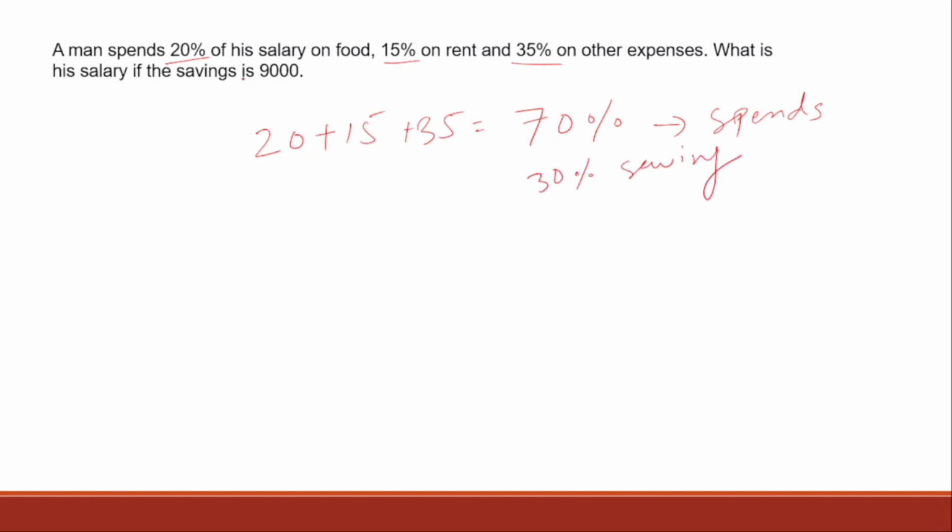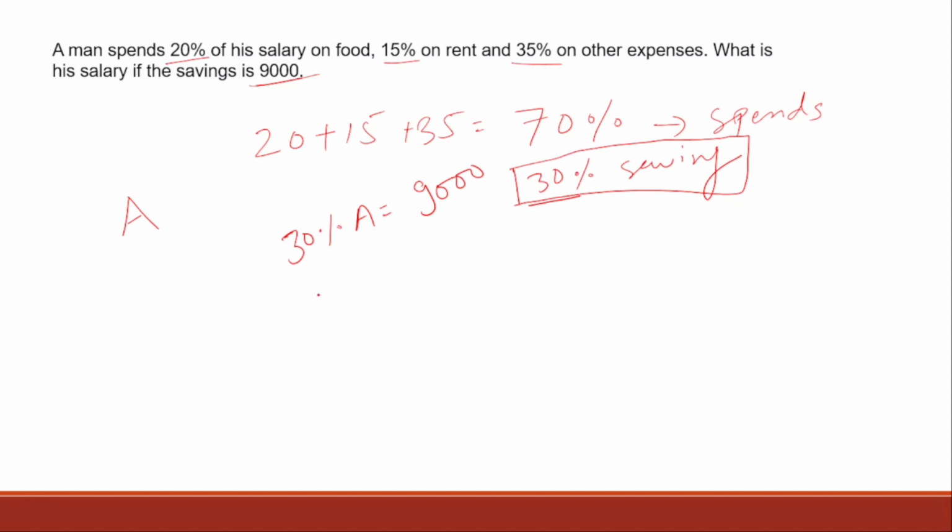And the question says, if the saving is 9,000, then what is his salary? So assume the salary is A, and the saving is 9,000, and in percentage the saving is 30%. So both the values are given. The percentage value we have found is 30%, that is the saving, and the numerical value is 9,000. So 30% of A is equal to 9,000.